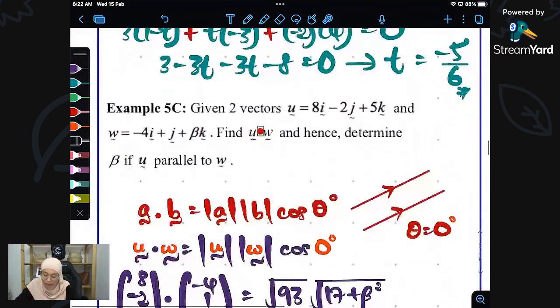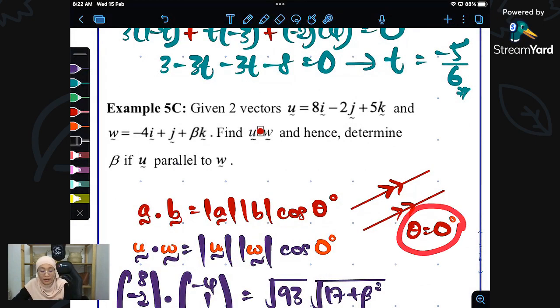So since parallel means, parallel bermaksud 0 degree, guys. Parallel, the angles is, so let's say this is u, this is w punya vector. Of course, they are parallel, and so the angle is not touching to each other, and so the angle is 0 degree. This is logic dah, common sense.